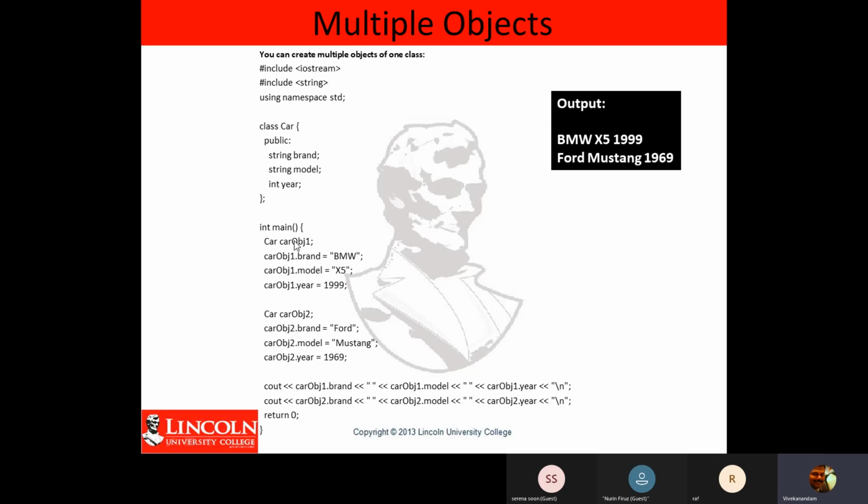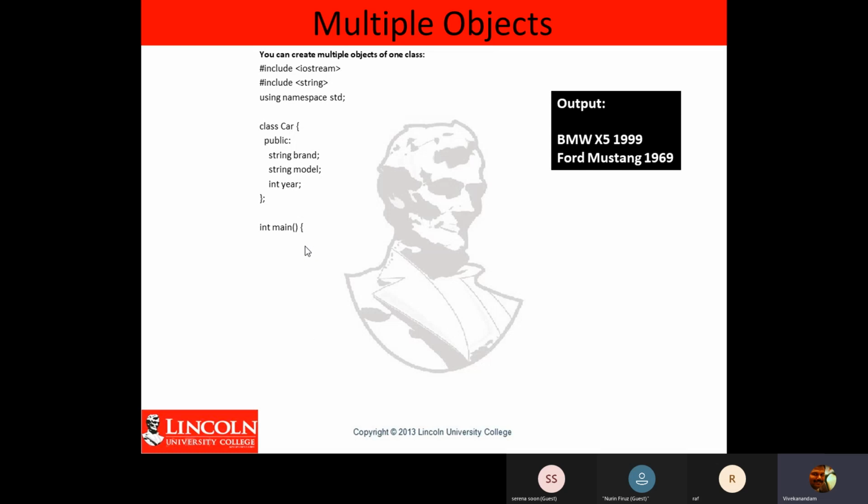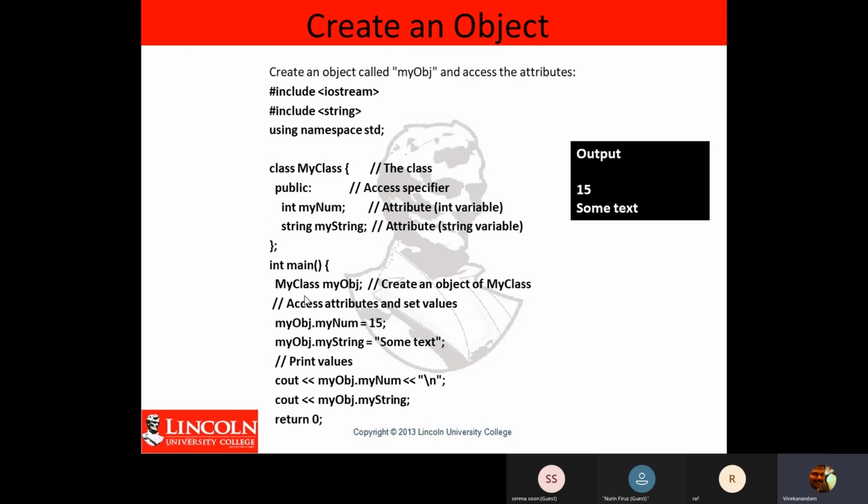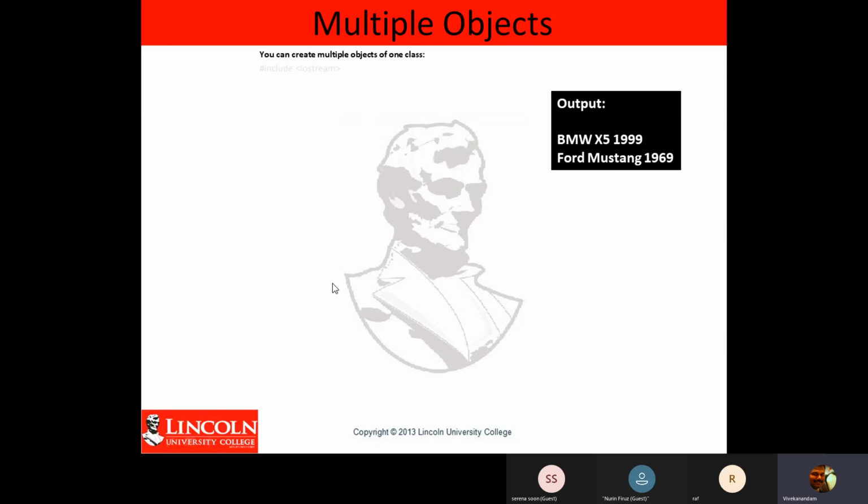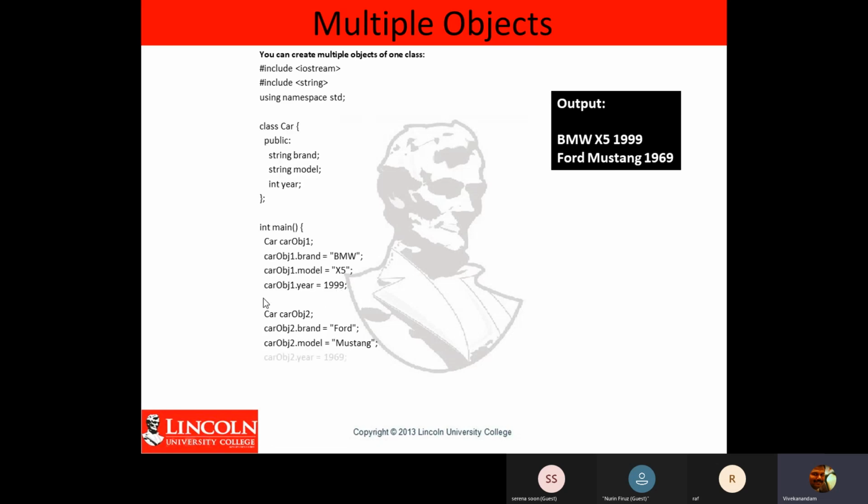See, in the previous program we used only one object, but here we are going to use two objects, multiple objects. Car 1: brand name, model, which we mentioned here.